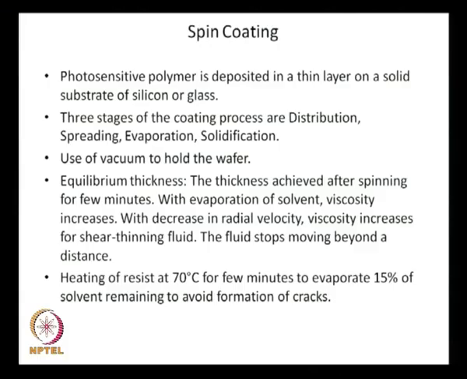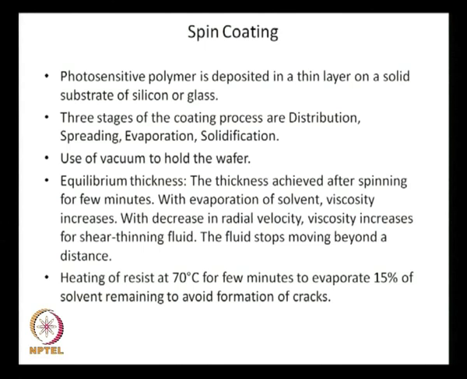So, you have a photosensitive polymer deposited in a thin layer on a solid substrate of silicon or glass. Three stages of the coating process are distribution, spreading, evaporation and solidification. What is this spin coating process?